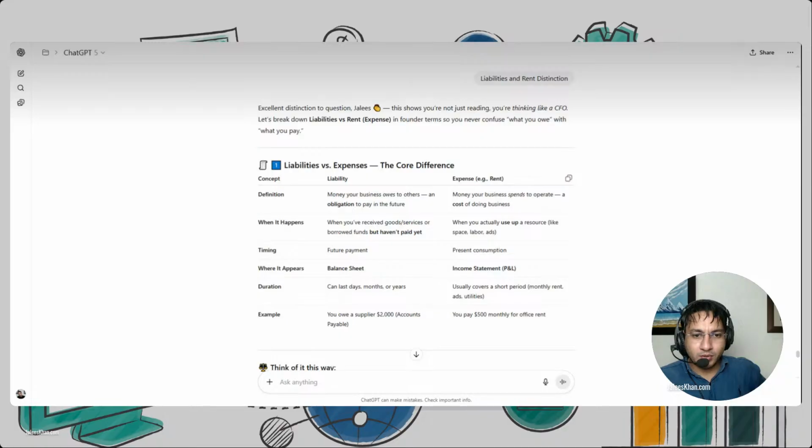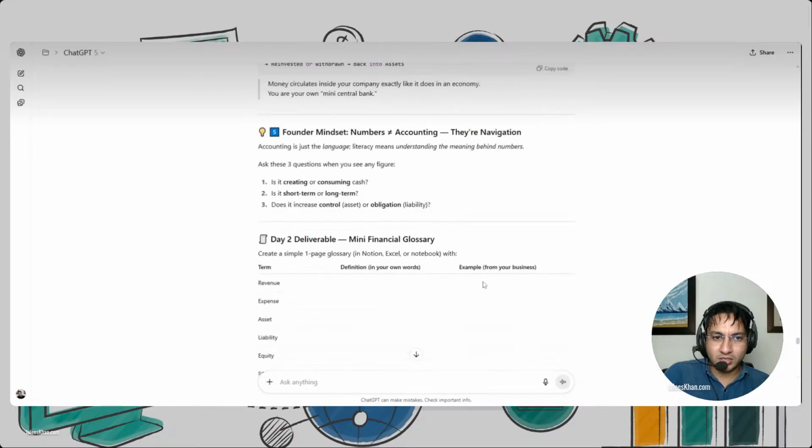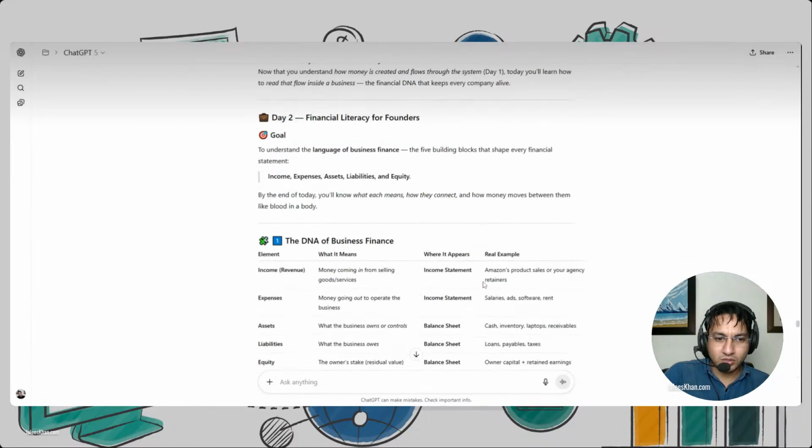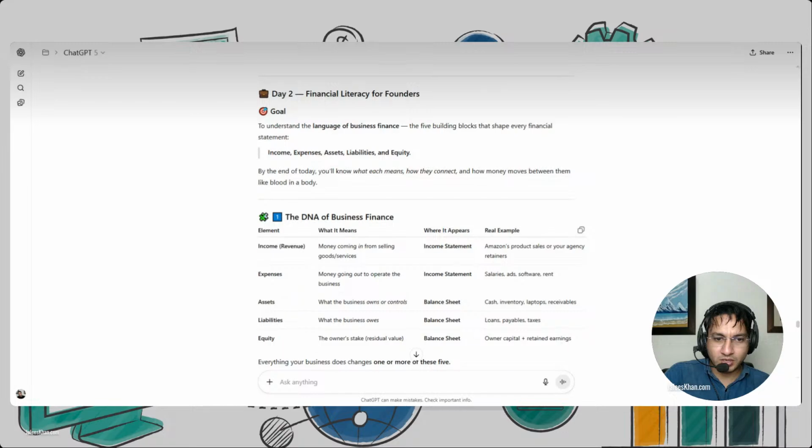Where it appears: balance sheet and income statement. Liability is in the balance sheet, which has assets, liabilities, and equity. The three parts come in the balance sheet, and the income statement has these things, I think. Which things does the income statement have?